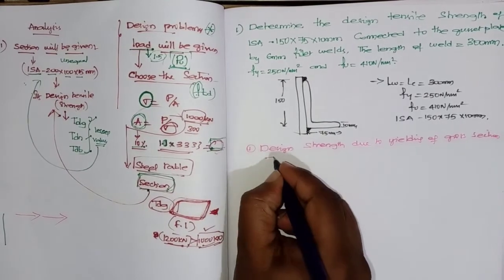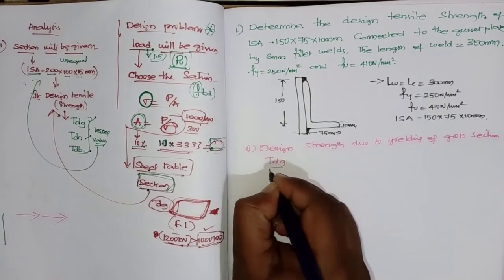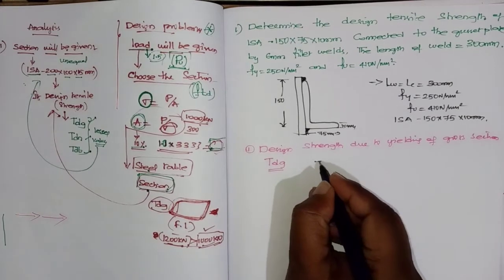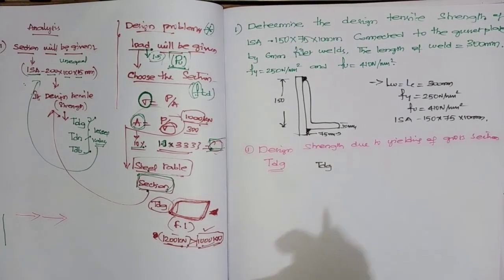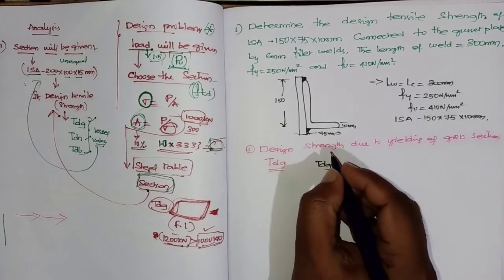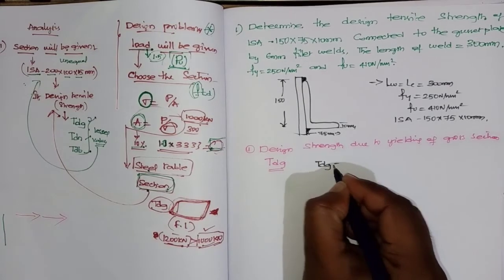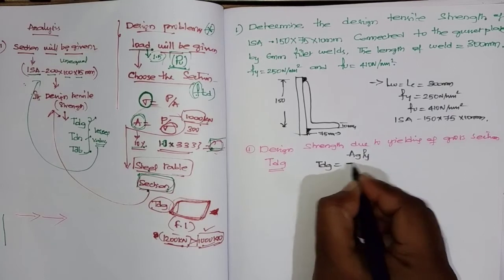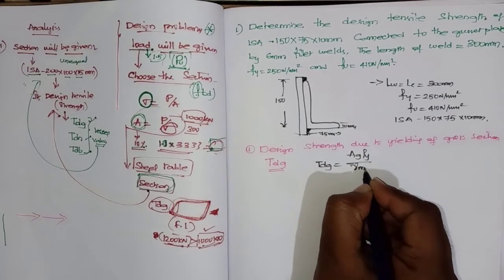How is it denoted? TDG. Now what is the formula as per IS 800:2007 clause number 6.2? TDG equals AG Fy by gamma m naught.